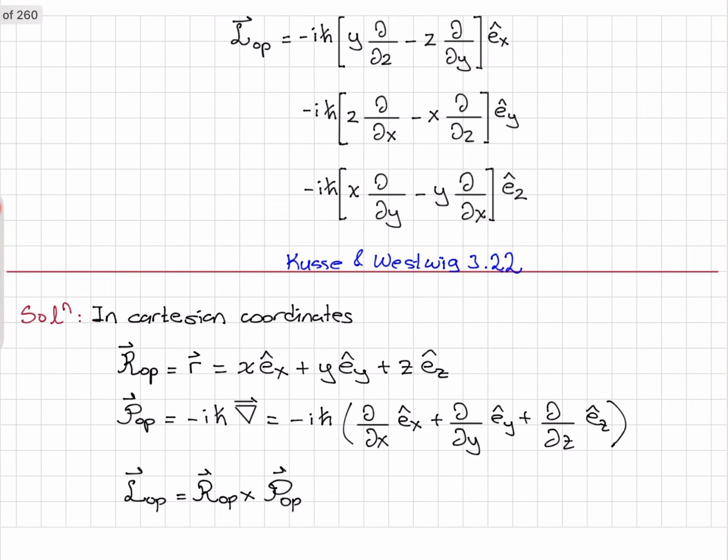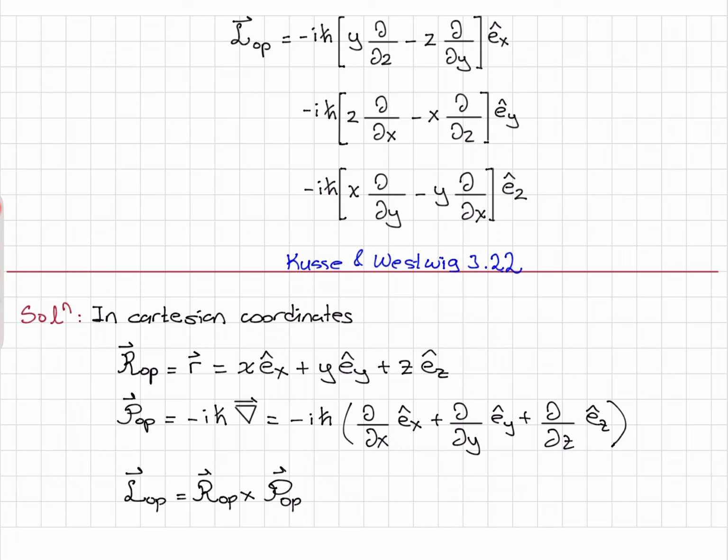Alright, so we have used the correspondence principle to obtain the angular momentum operator from the position operator and linear momentum operator. The position operator in Cartesian coordinates is x e_x hat plus y e_y hat plus z e_z hat. And the linear momentum operator is minus i h bar gradient written in Cartesian coordinates, del/del x e_x hat plus del/del y e_y hat plus del/del z e_z hat.